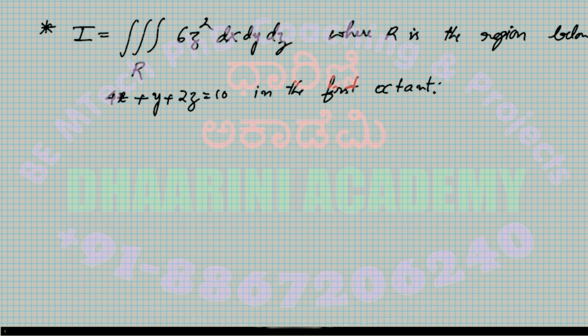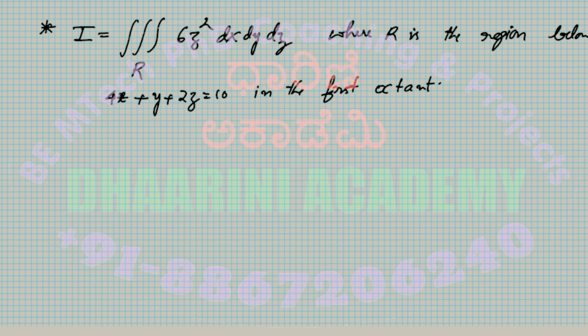In the first octant, the minimum values of x, y as well as z will be 0. That's the first conclusion we can come to. When we write the integrals, the lower value is predefined. Directly we know that.